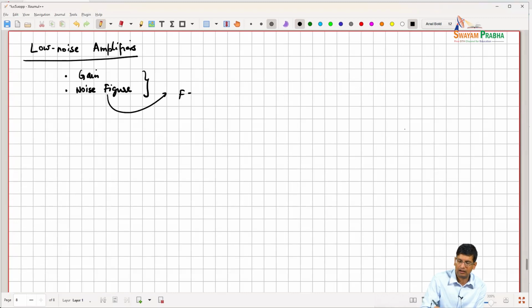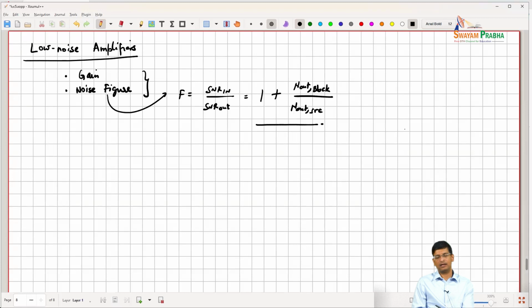If you remember, we defined noise figure for any block as SNR in divided by SNR out, right? This can be represented by this equation.